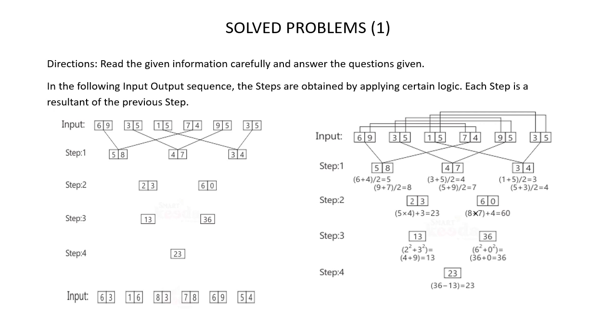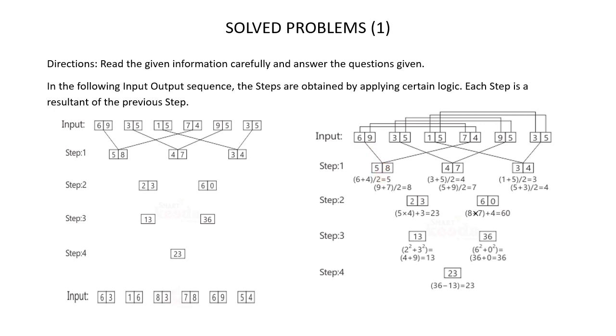So first let's find the pattern followed here from this input to this output. As you can see here, the first and the fourth input numbers are connected in some way to get the first number of step 1.